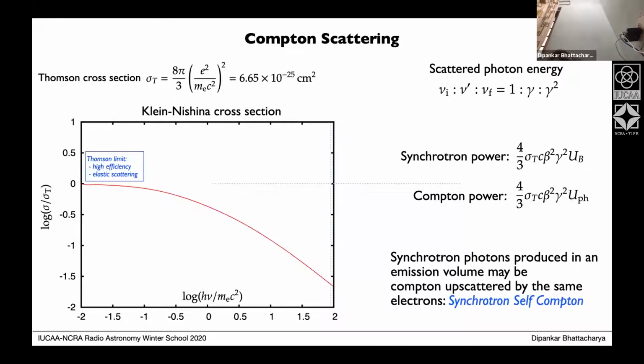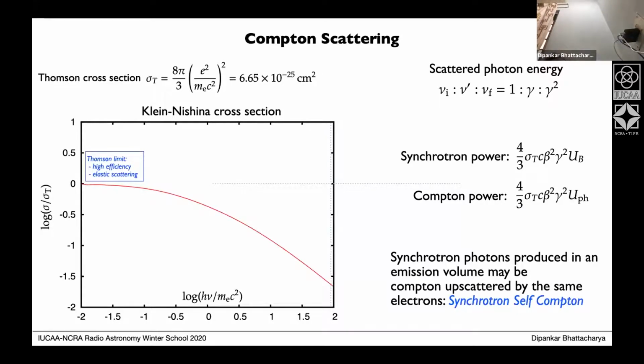Nu prime is the frequency of the same photon as seen by the electron. So nu_i to nu prime has a ratio of 1 to gamma. Now, in the rest frame of the electron, the transformed frequency of the photon could still be in the regime where h nu prime is much less than m_e c squared. So it will undergo Thomson scattering.